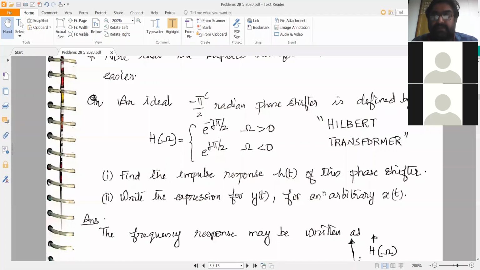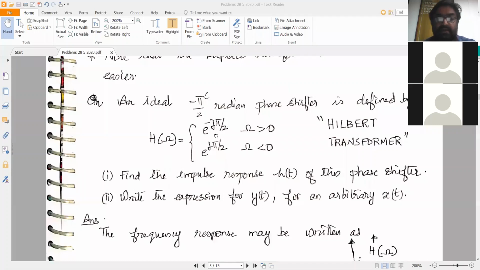For SSB, single sideband modulation, you have three methods. The third method employs a 90-degree phase shifter for all the frequencies, so all the baseband frequencies are shifted by 90 degrees.